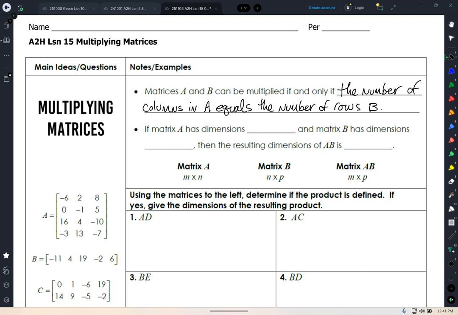So if matrix A has dimensions m by n, and above the m, let's put a little r in parentheses, so that we know that the dimension m is rows and n is columns.